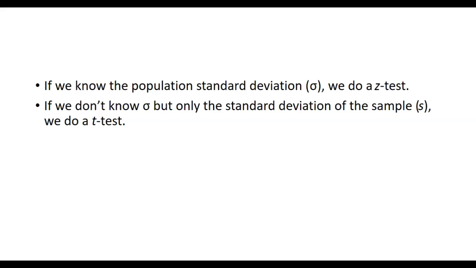So at first, these first couple examples will be situations where we do have the population standard deviation, so we will be doing a z-test. Then later on, we'll move on to the t-test.